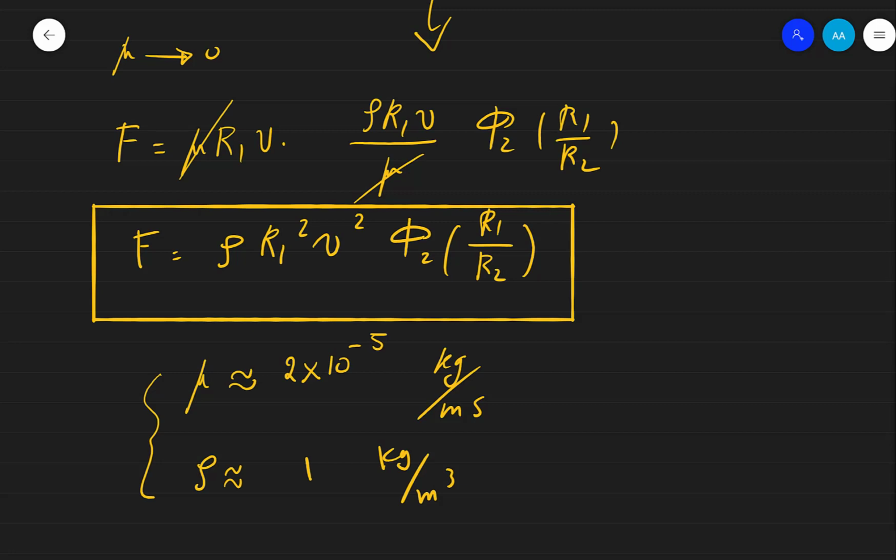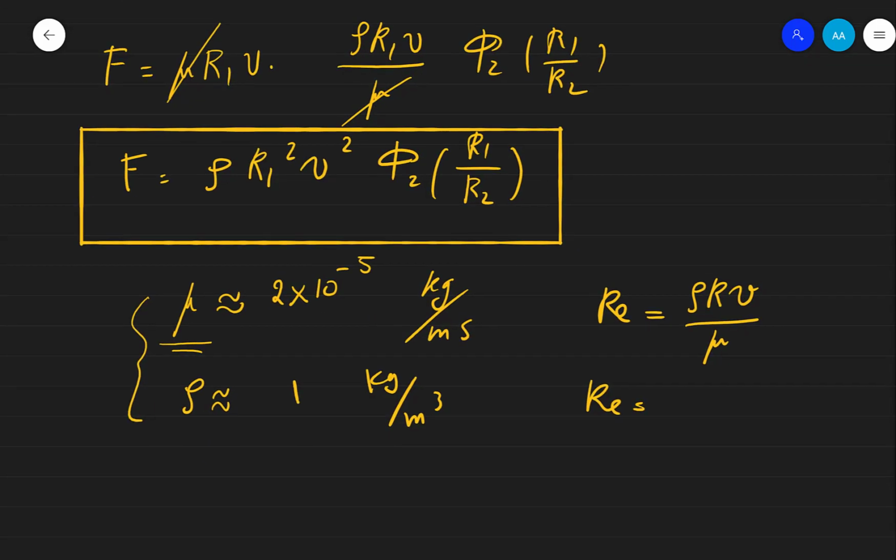As it is seen, the viscosity is very low. Then for objects, Reynolds number is rho RV over mu. Then for a falling object in the air, it is 1 times RV over 2 times 10 to the power minus 5.